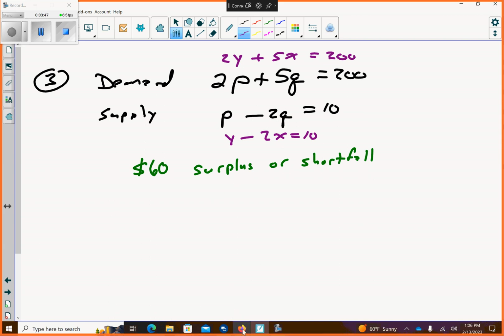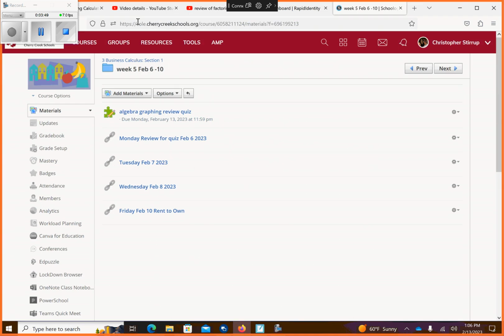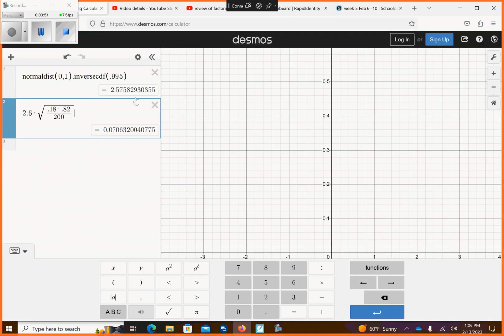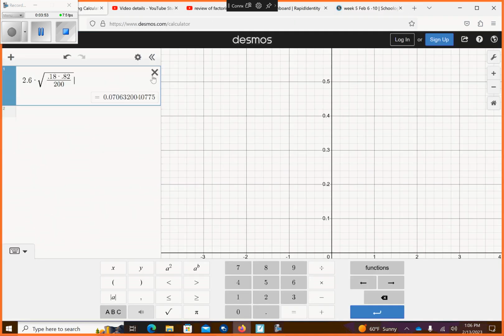All right. So let's take a look at Desmos. Go here. No, we're not going to do inverse norm and all that kind of stuff. I am going to plot 2y plus 5q, or 5x, equals 200.